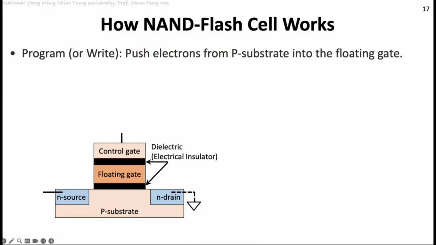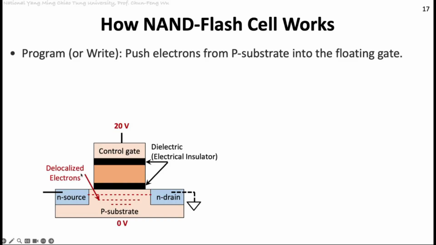But how to do this kind of thing? As we said, this one is the word line. So we will apply a high voltage on the word line. You can imagine this is 20 volt and this is 0 volt for the P substrate. Okay, because we are using a super high voltage, 20 volt, there will be a lot of delocalized electrons generated on the P substrate.